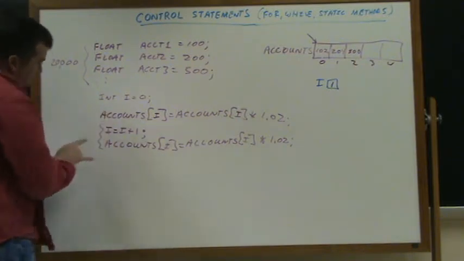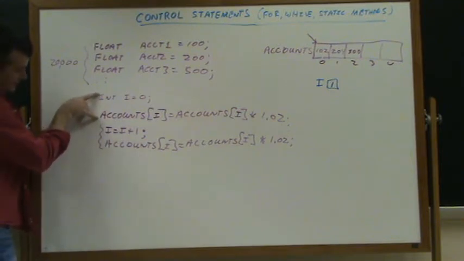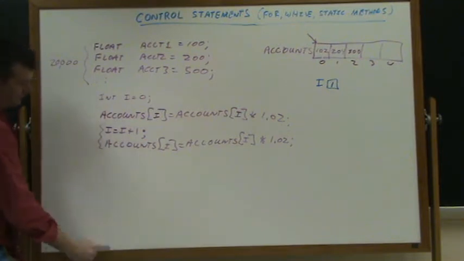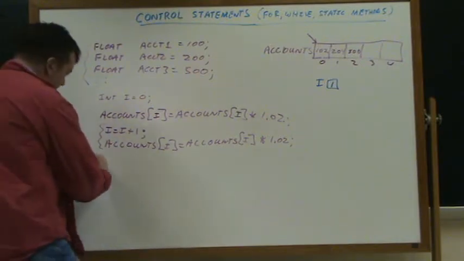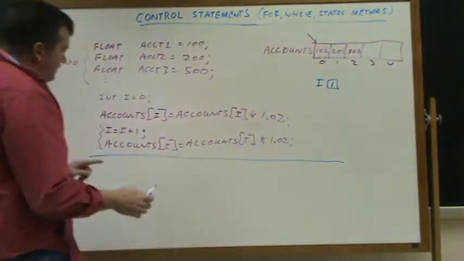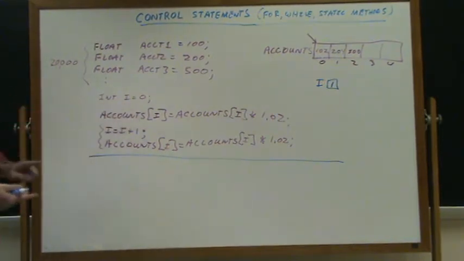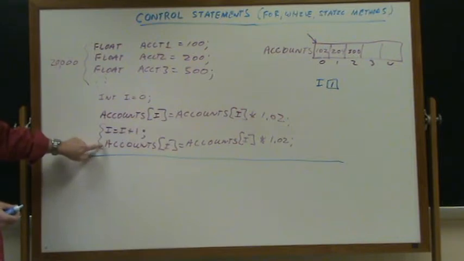We can do exactly these two lines plus these two lines repeated 20,000 times. We can do that by saying this. We have to somehow say where we're starting, and give us a way to stop. But the thing that keeps happening is this line.